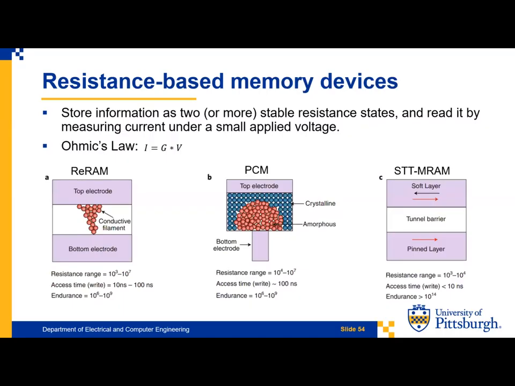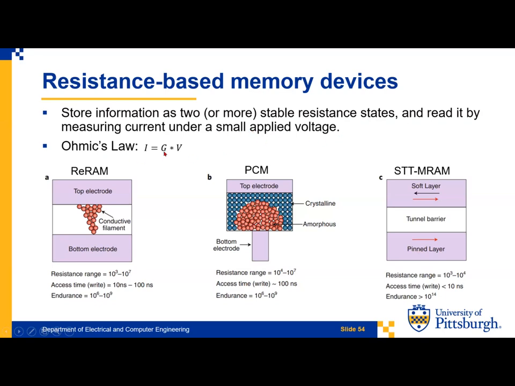And yeah, this slide shows the resistance-based memory devices: ReRAM, PCM, STT-RAM. All of them use the resistance state to store the information. How to read the data? We could apply a small voltage.